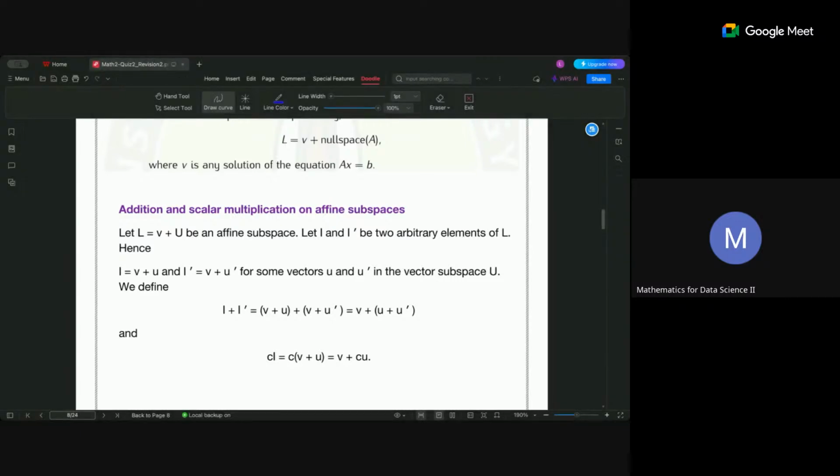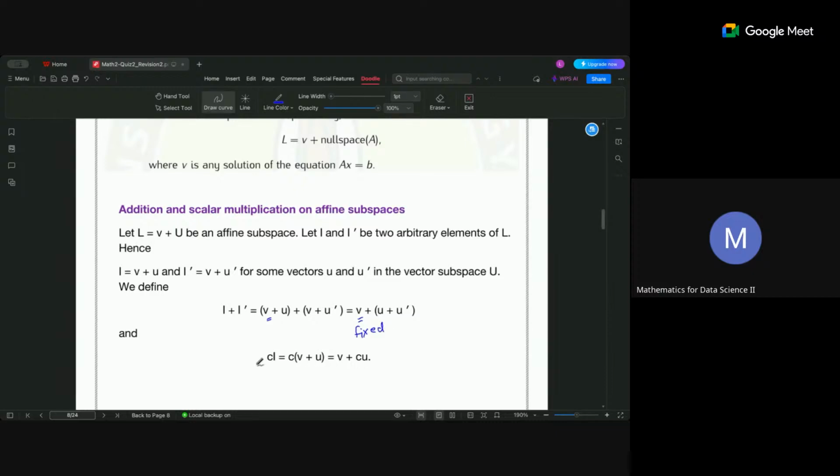Then you are just going to perform the addition and scalar multiplication only for the subspace part. You are going to leave this extra vector and keep it as it is. So let us take two elements from an affine space. Then you know that it has this kind of representation. You perform the addition only for the subspace part and keep this V fixed.